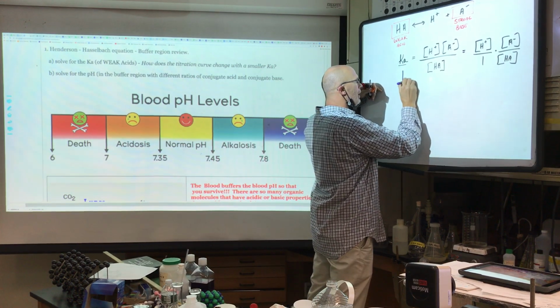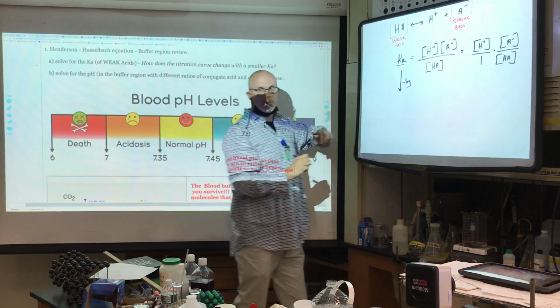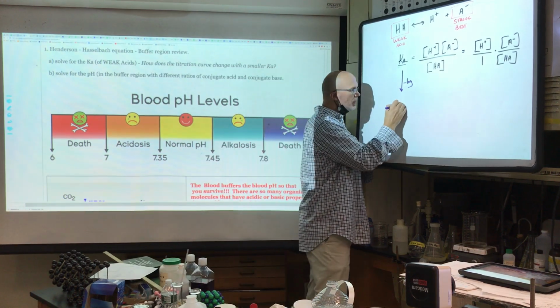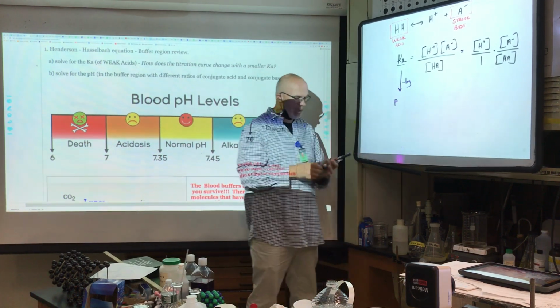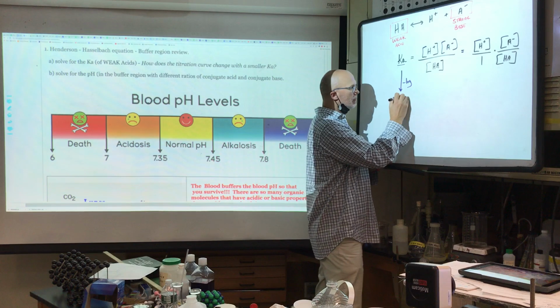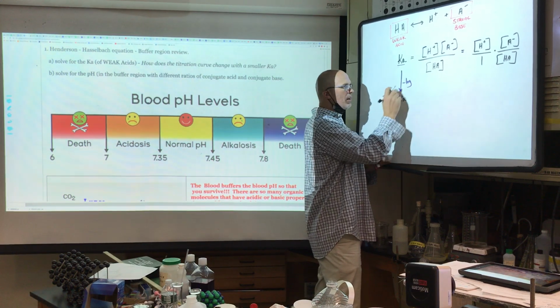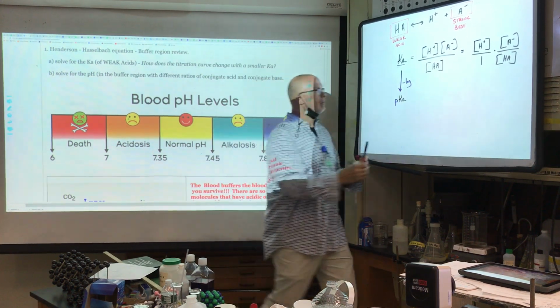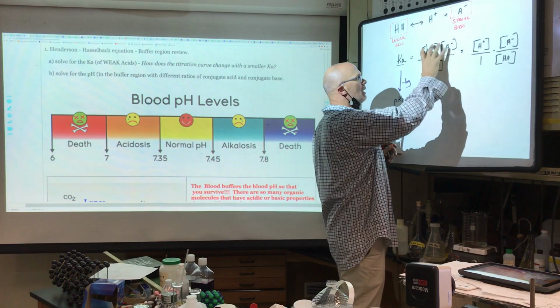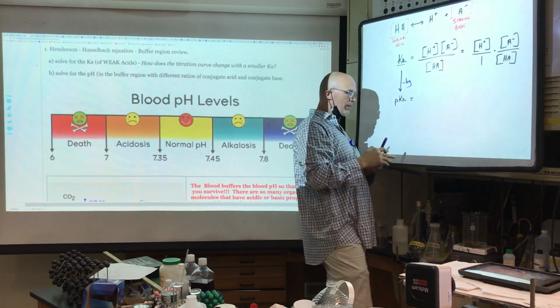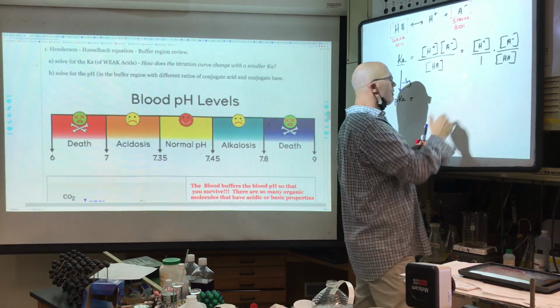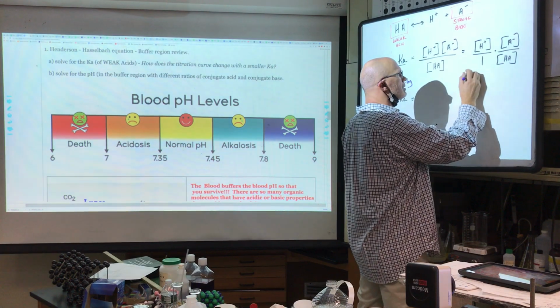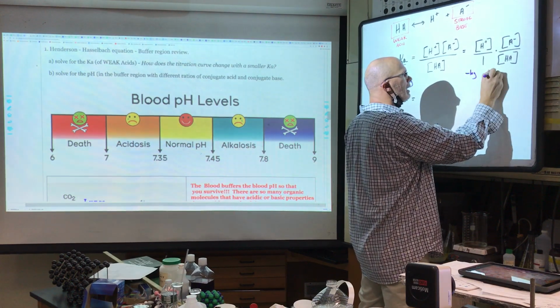I negative log my Ka, which means I put a little p here, little p, and that's pKa. That's what negative log means. I have this expression here, and I'm going to negative log both of these. So this becomes negative log and negative log.